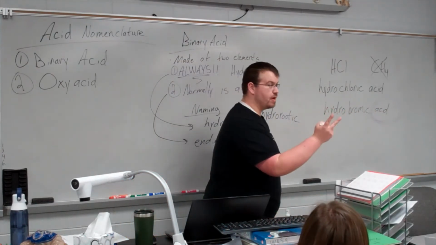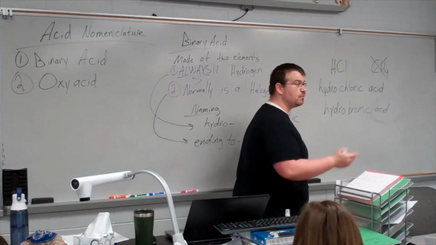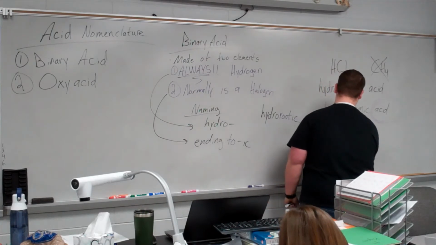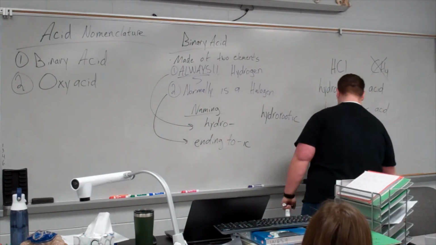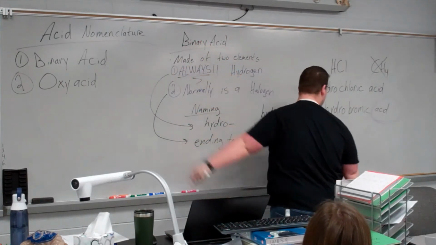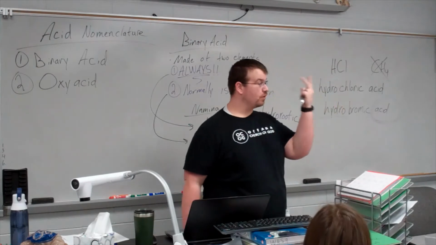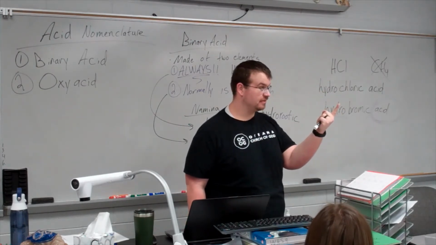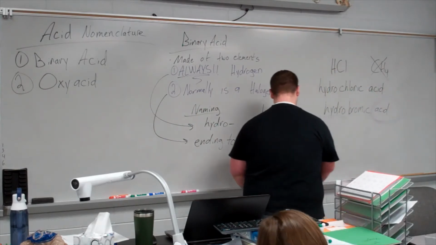Step 2, look at the prefix. The prefix will tell you what acid you're dealing with. You'll see here in a second. Hydro. What does hydro mean? It means it's a binary acid. So you know it's made of 2 things. What's the first one? Hydrogen, because hydrogen will always come first.